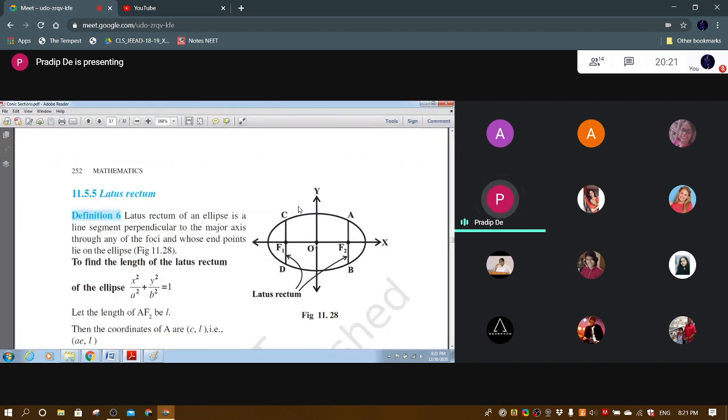Look, OF2 or OF1 is actually C. Now we know that C upon A is equal to E, isn't it? So what is the value of C? AE. If C is equal to AE, what are the coordinates of F2? A comma 0 and F1 minus a comma 0. So combined, can we say plus minus A comma 0?